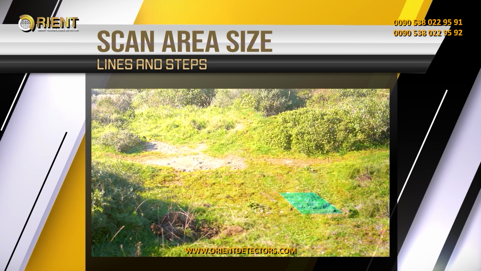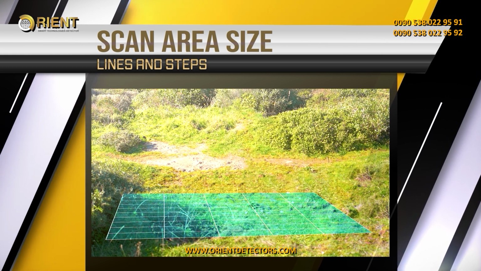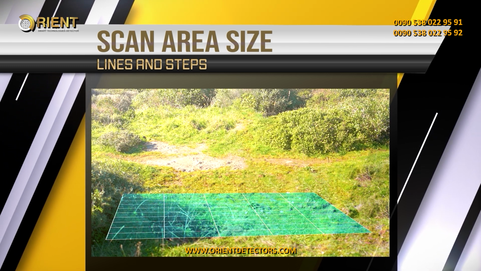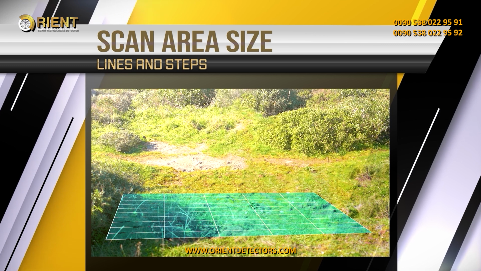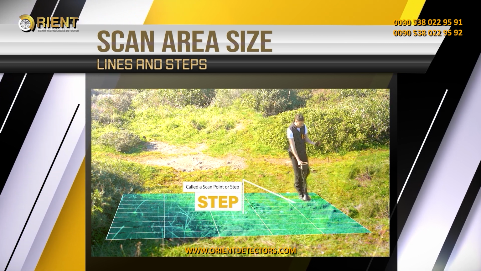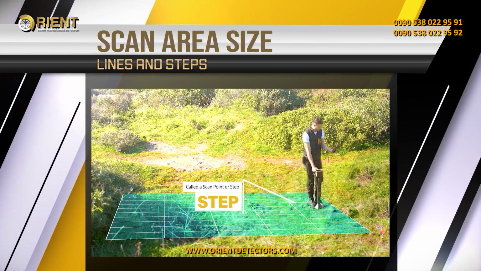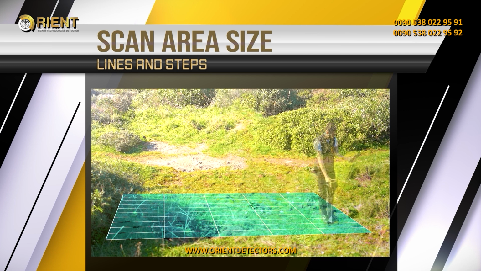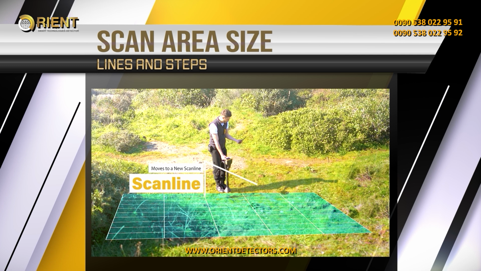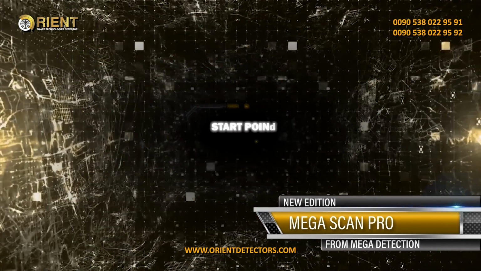To understand the difference between lines and steps, look at the following figure. When the user stands straight in the search area, every step he takes forward is called a scan point, or step. And every time the user moves to the left or right, it's called a scan line, meaning he moves to a new scan line.